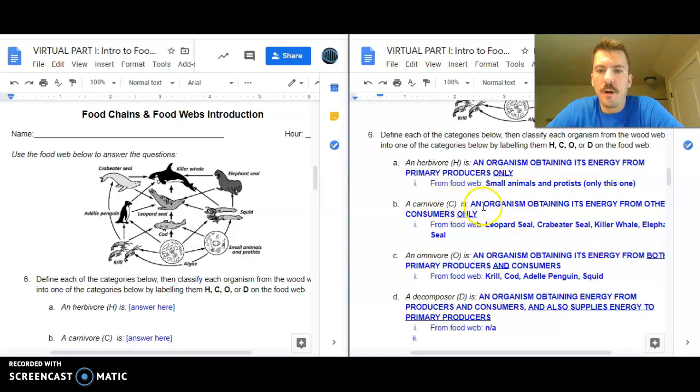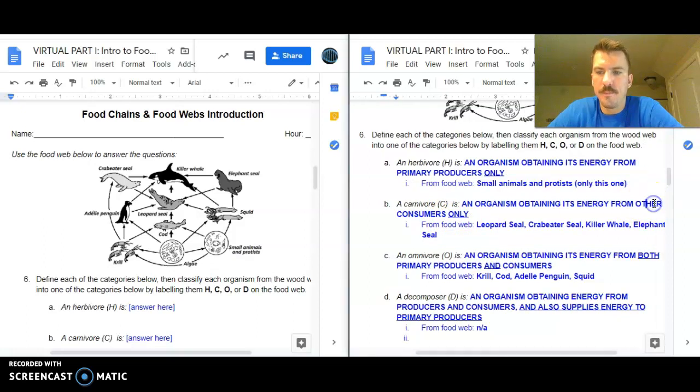The carnivore, an organism obtaining its energy from consumers only, from other consumers. So let's see which animals are carnivores. They are the leopard seal, the crab-eater seal, the killer whale, and the elephant seal.